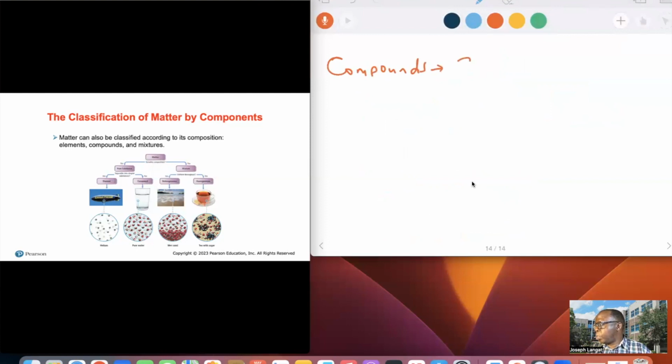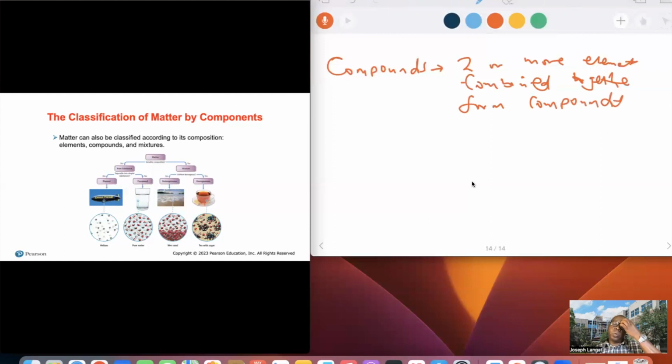Now coming to compounds. Two or more elements can form a compound, e.g. H2O. This is a compound.